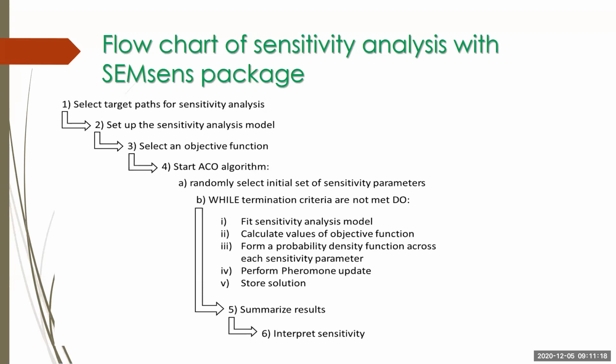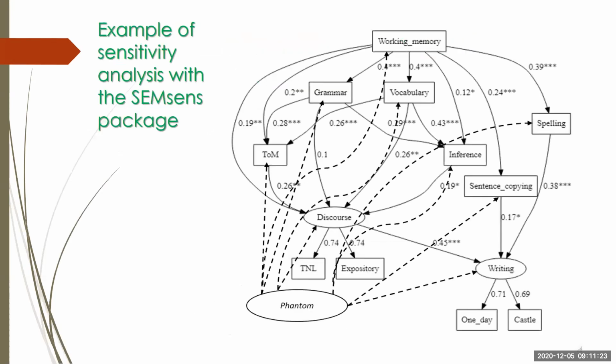Okay, so to show an example of how flexible this can be, the package has this example here, a very complex model of the relationship between working memory and writing with many mediators, a very complex relationship.